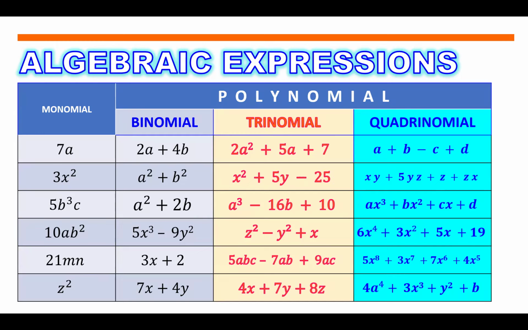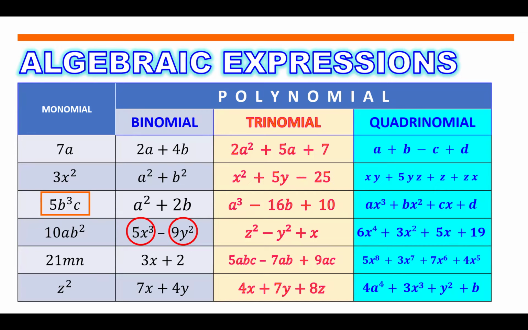Let's identify the monomial, binomial, trinomial, and quadrinomial in our table. In the first column, for example, we have 5b cubed c. All of these in this column are examples of monomial. In the second column, we have examples of binomial. For example, 5x cubed is the first term and 9y squared is the second term.